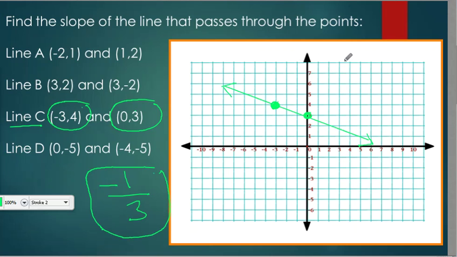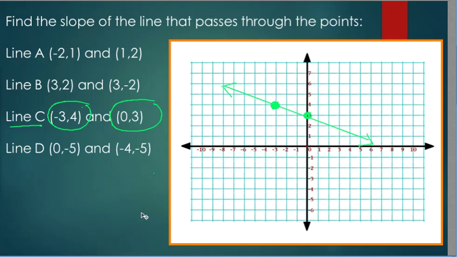Okay, so for line C, if we want to find the slope of line C, we are going to count the change in y over the change in x. So our change in y, let's do that first. So from this point to this point, you can see that this slope is falling down and to the right.